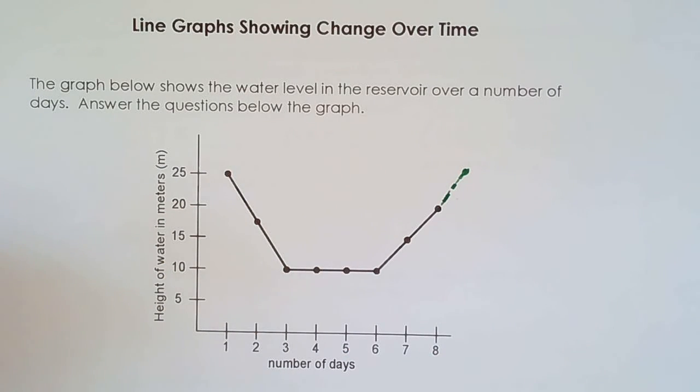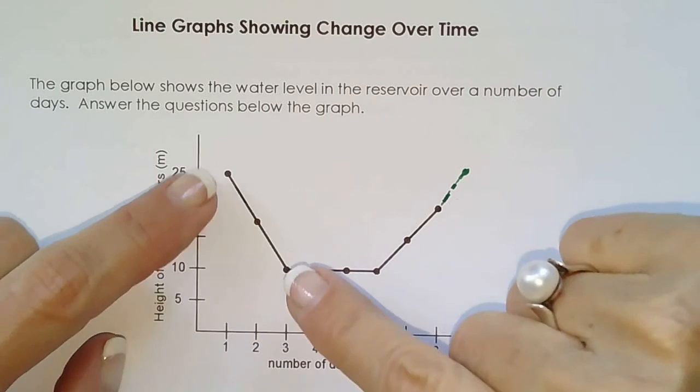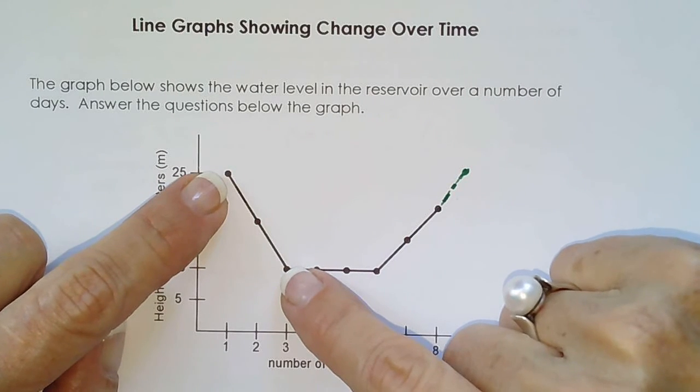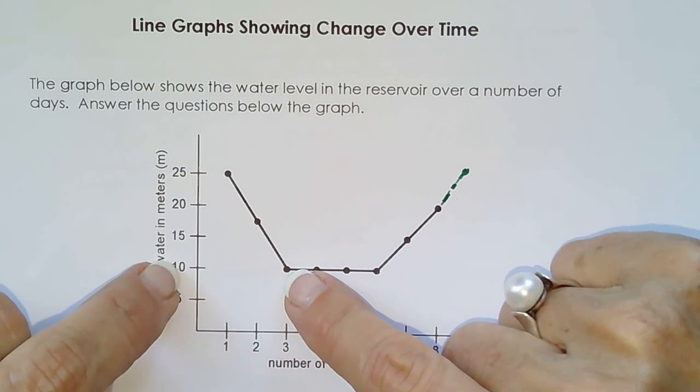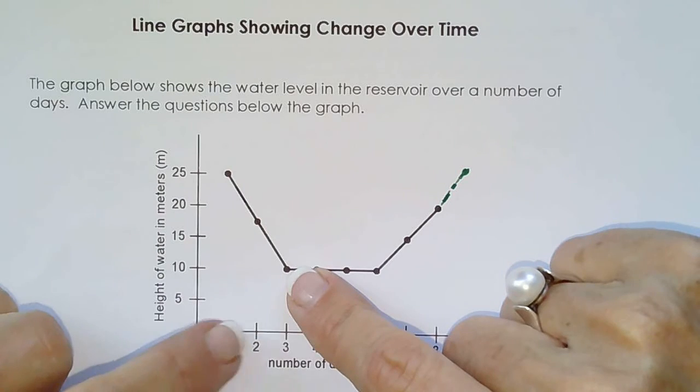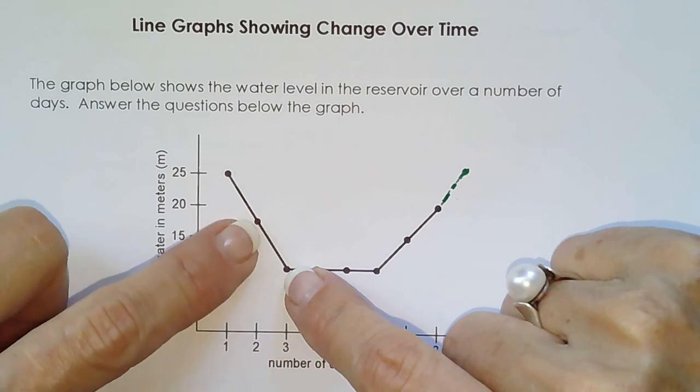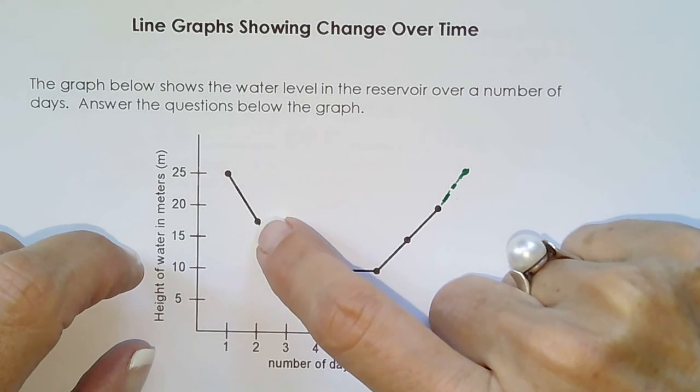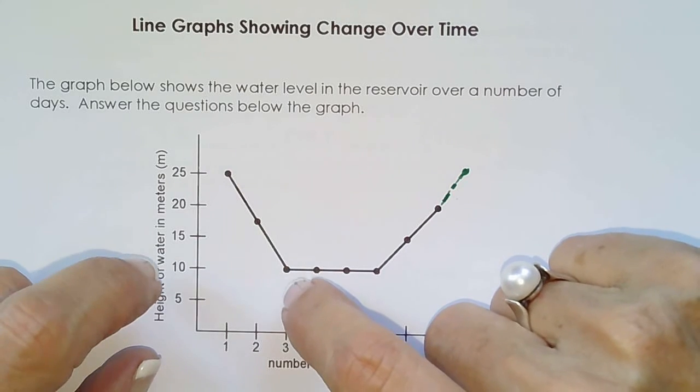But usually when we're talking about speed, I don't say, oh, I was driving 100 miles per 2 hours. I say 50 miles per hour. So we usually just want 1 unit of time. So rather than saying the water level decreased by 15 meters over 2 days, it would be better to say the water level decreased by half of 15, which is 7.5.